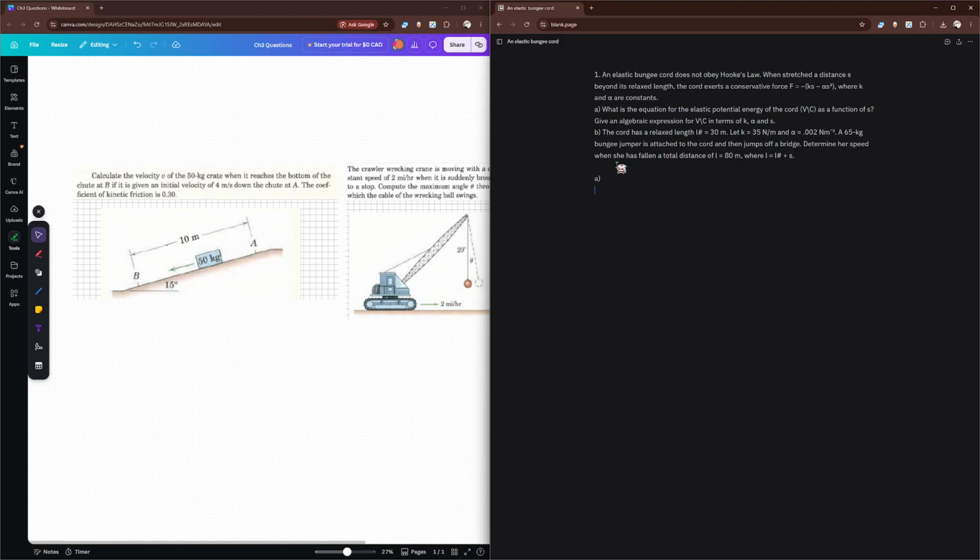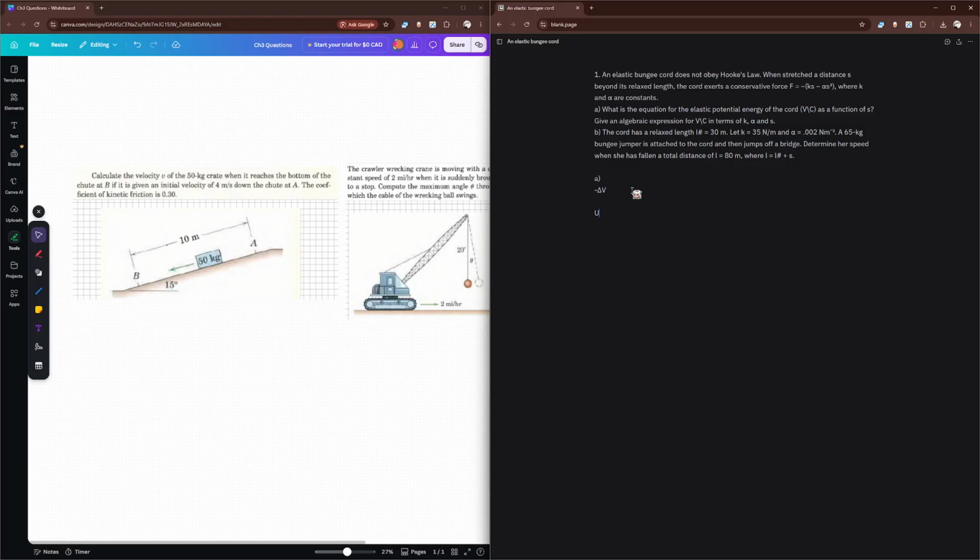Also, this can go away. Anyways, A. So we need to understand that when a spring is stretched from its resting length, we're going to get negative delta V. That's what happens, right?